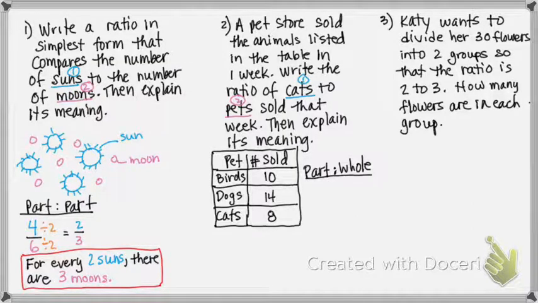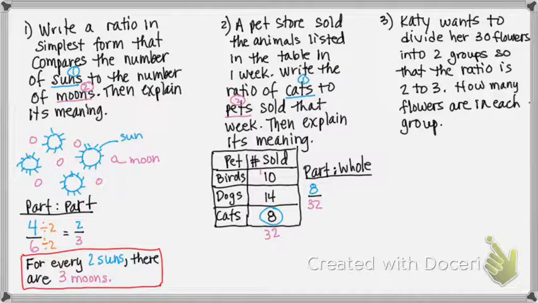Cats are going to be the first number, and we have 8 cats. We're going to compare those 8 cats to all the animals. So I'm going to add up all the animals. Let's see, 0 and 4 is 4, 4 and 8 is 12, and then I have 2, 3. So I have 32. So I have 8, and I'm going to compare it to 32.